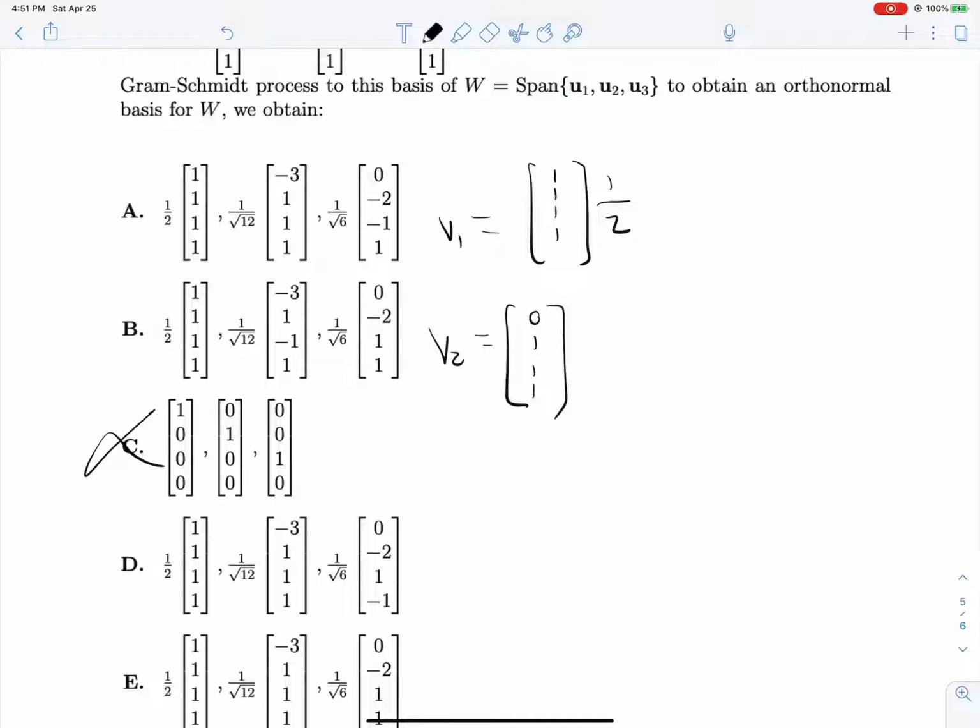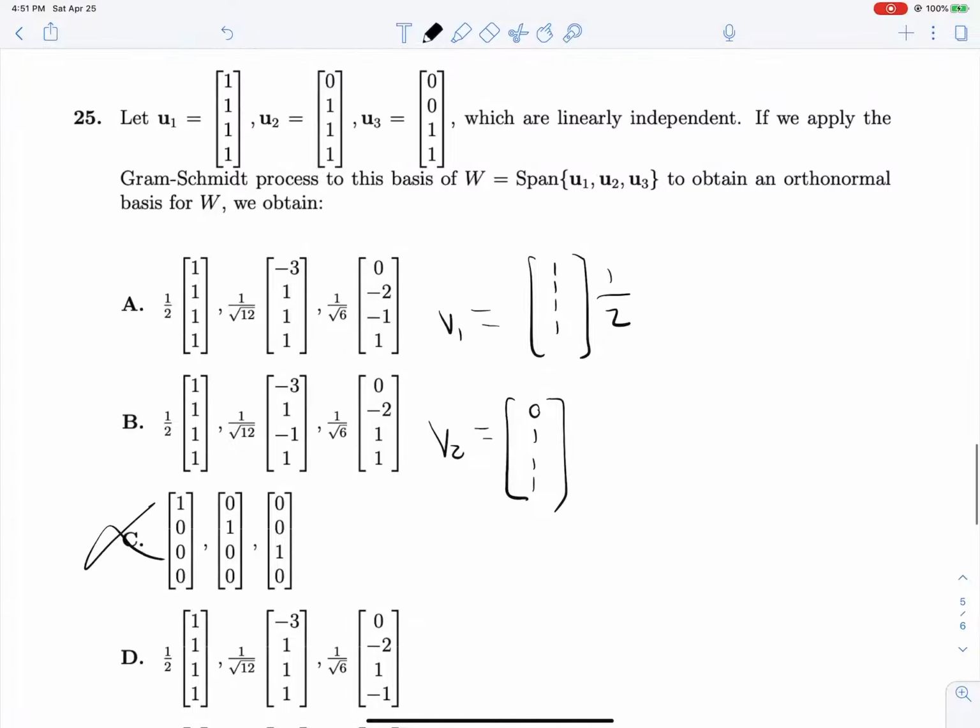That's all. Okay. We're taking U2, which is 0, 1, 1, 1, and subtracting its projection onto V1. So that is 3 over 4 multiplied by 1, 1, 1, 1. Multiplying everything by 4, we get 0, 4, 4, 4 minus 3, 3, 3, 3.